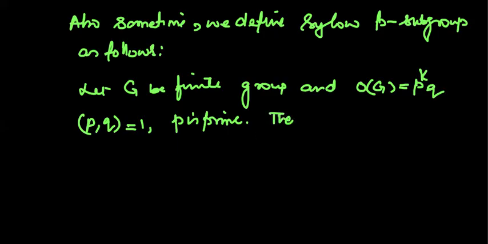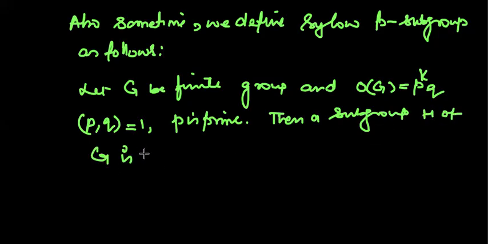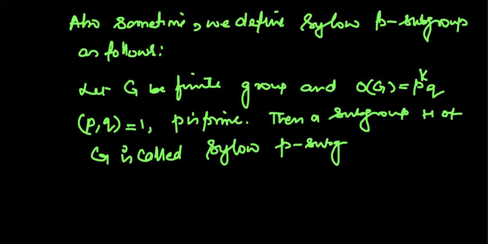Then a subgroup H of G is called a Sylow p-subgroup if and only if the order of H is equal to p raised to power k.